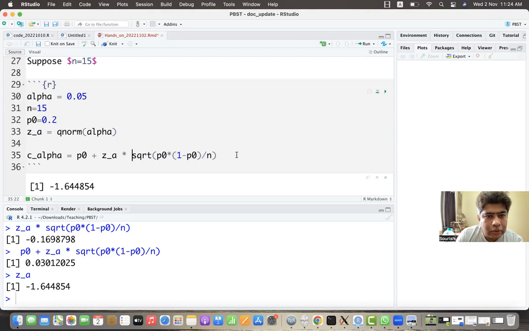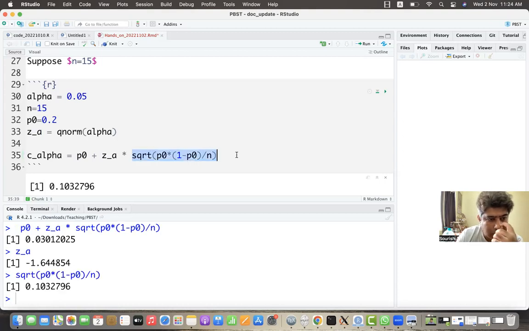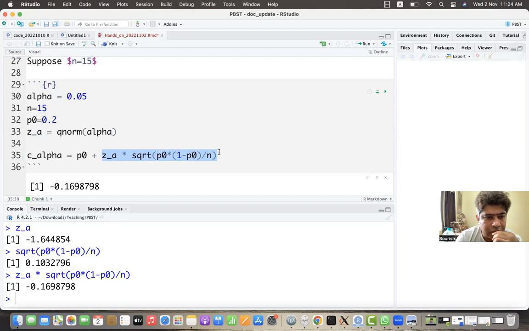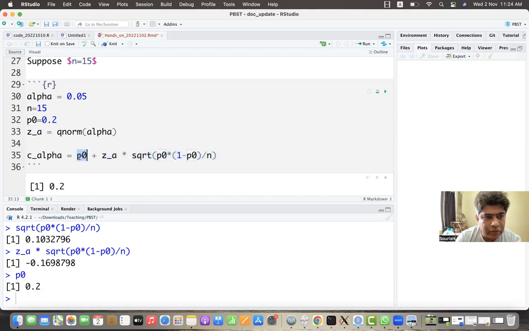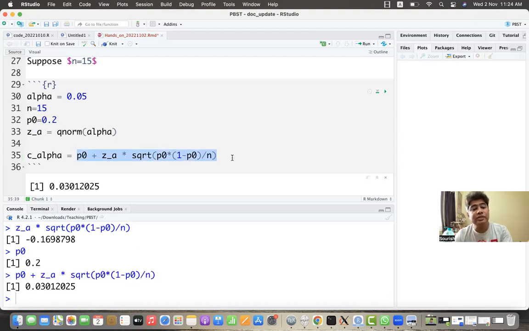So this is 0.1. If I just multiply this, this will be negative 0.169. So now P naught is 0.2. Okay, 0.03. Yeah, fine.